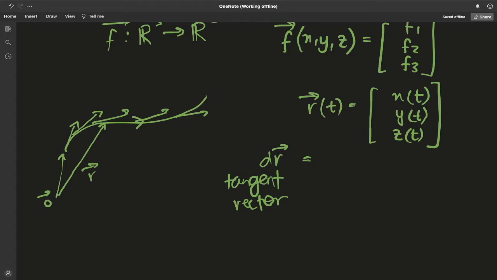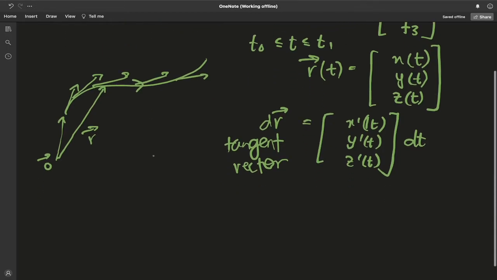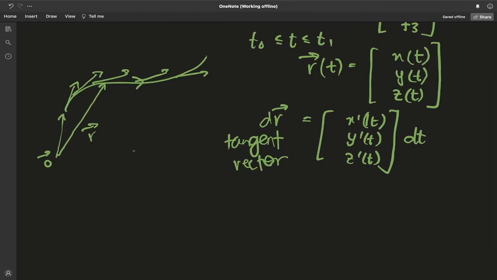So dr just becomes x prime of t, y prime of t, z prime of t, dt. This is because of the chain rule. And say the parameter t is in the range t0 to t1. So this is how we parameterize this path.